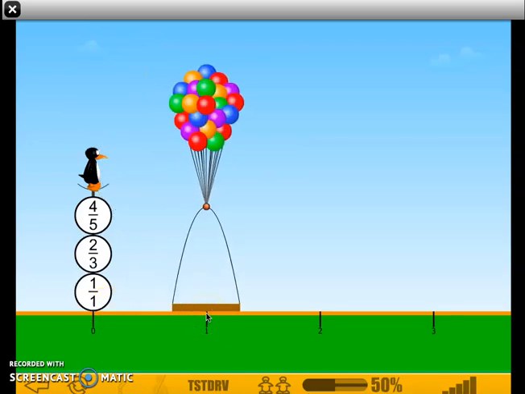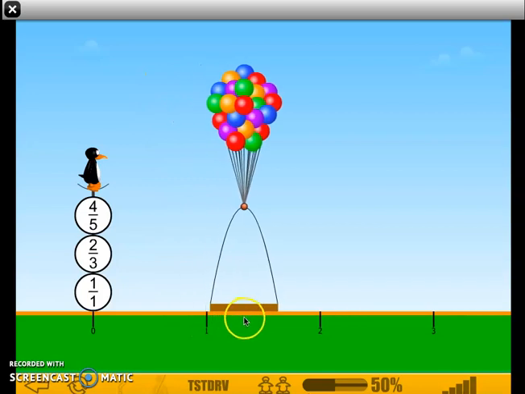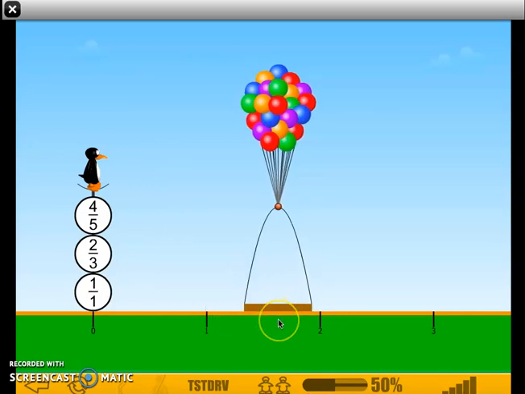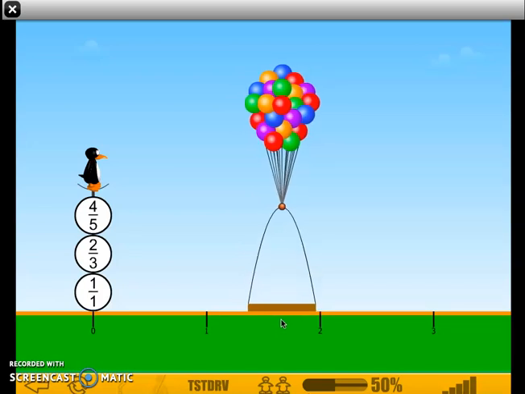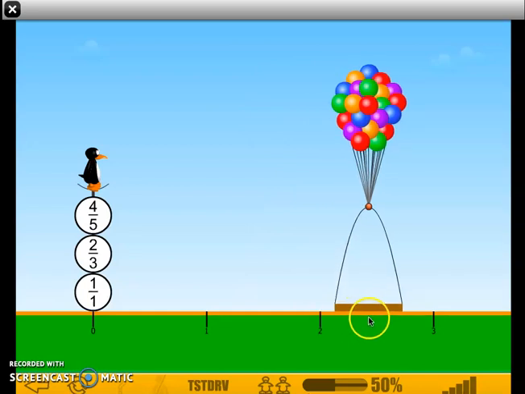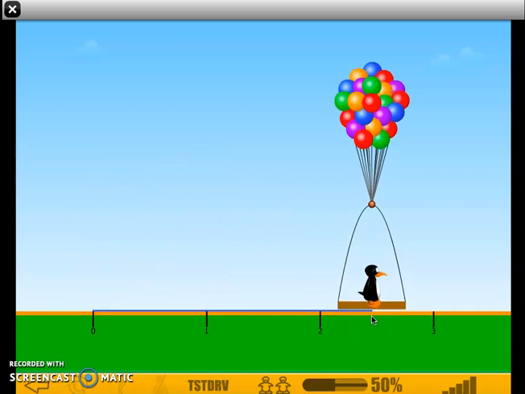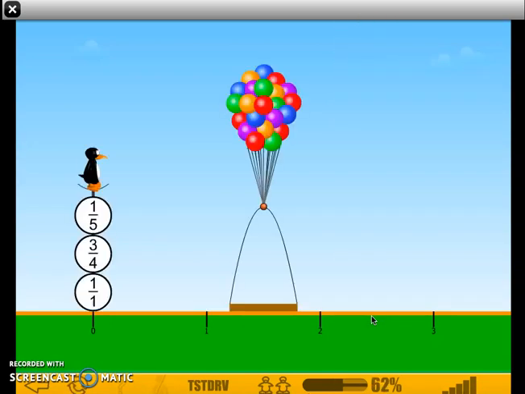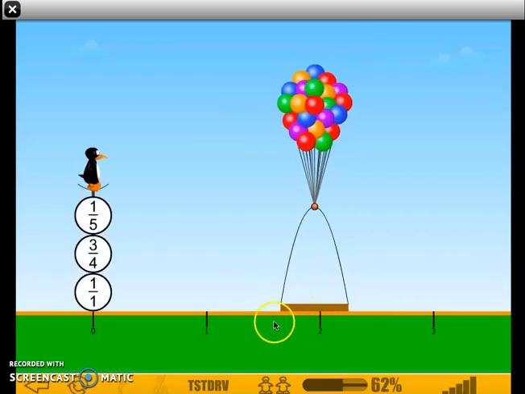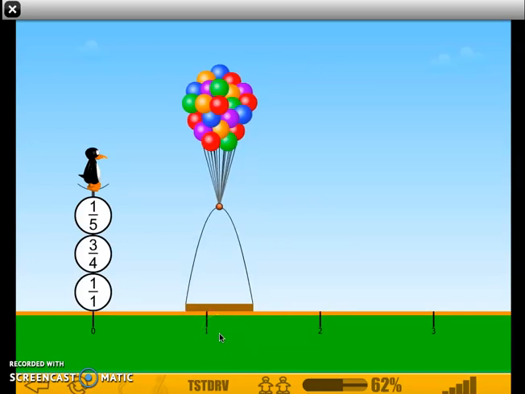And then we're going to add on 2/3, 1, 2, and then 4/5 I know is almost 1. So I'm going to say that it'll put us somewhere around here. Remember, it's okay if we're not perfectly exact because we have that whole space that JiJi can land on.